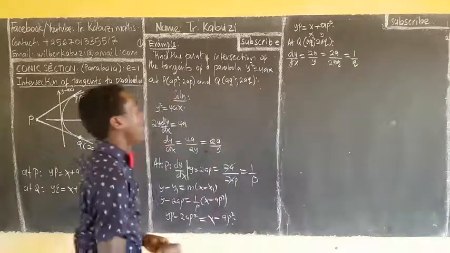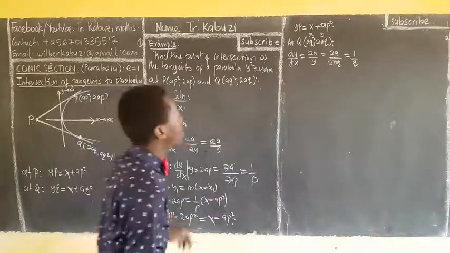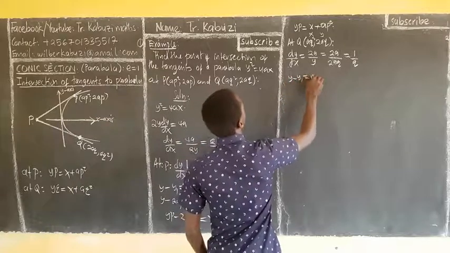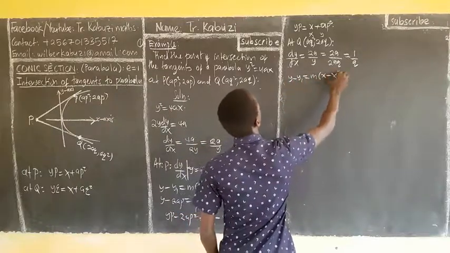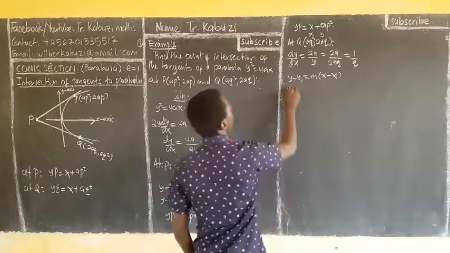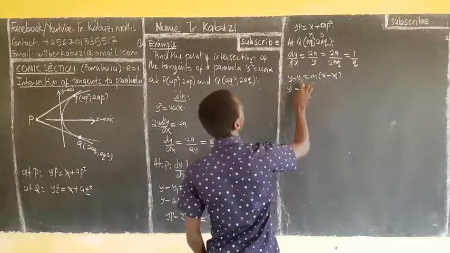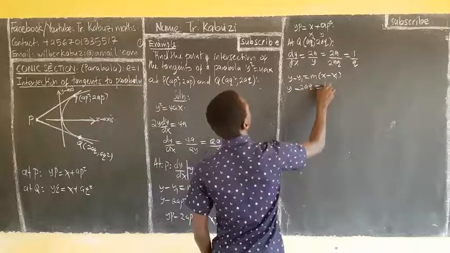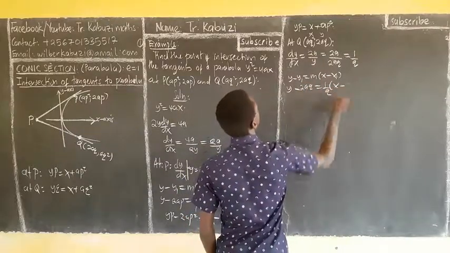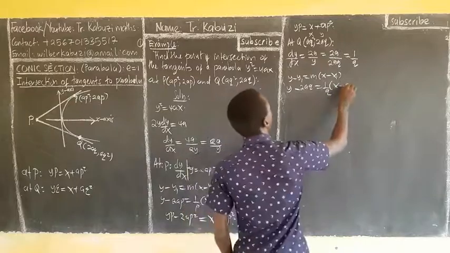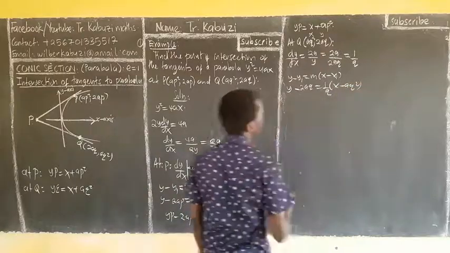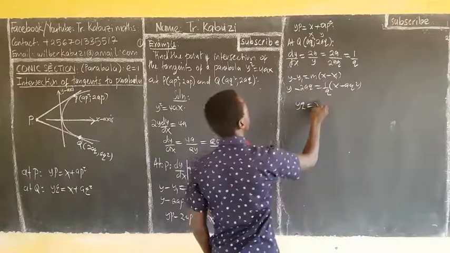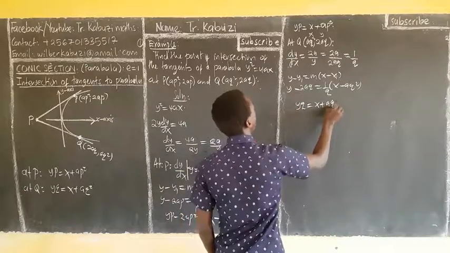And there to get the tangent, I'll say y minus y1 equal to m. Substituting in, I have my 1 over q. Now x1 is the point where this tangent is passing, aq squared, into x minus aq squared. And simplify, I'm going to get yq equal to x plus aq squared.